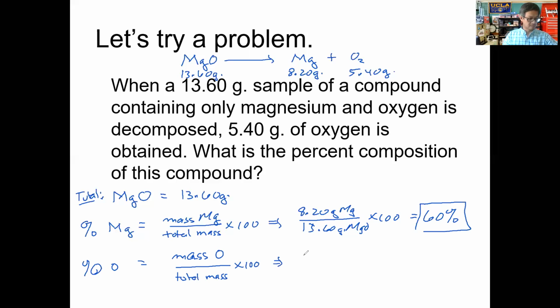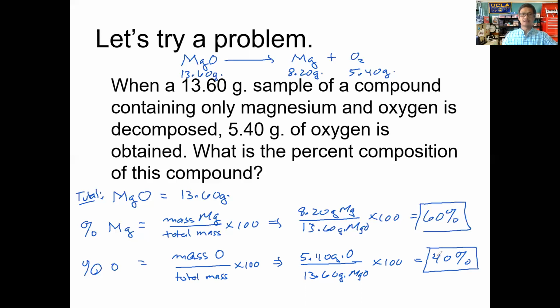The mass of oxygen given to us is 5.40 grams of the element oxygen in magnesium oxide, over the total mass of 13.60 grams of magnesium oxide, times 100. Then we get our answer, rounded to the nearest whole number, as 40%. Those are our percentages right there. Calculating these percentages is going to be fairly straightforward and simple.